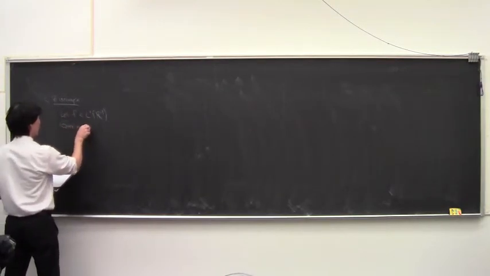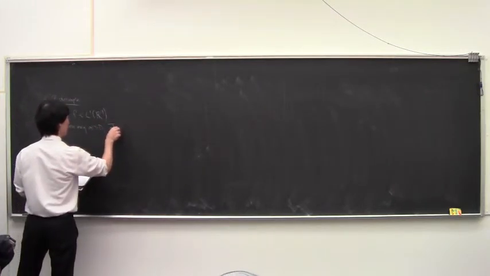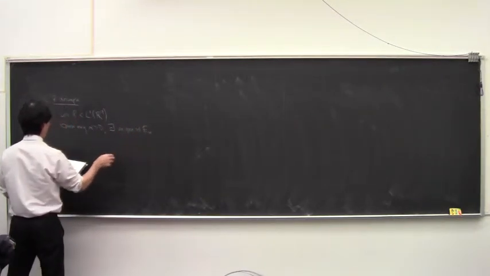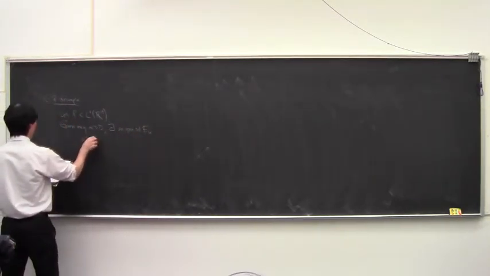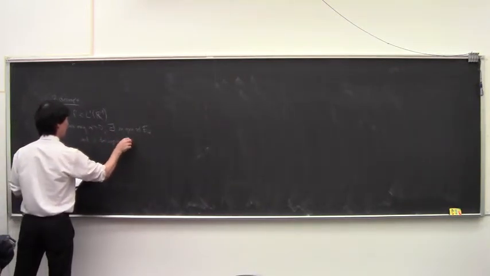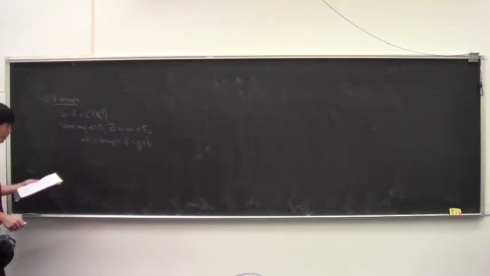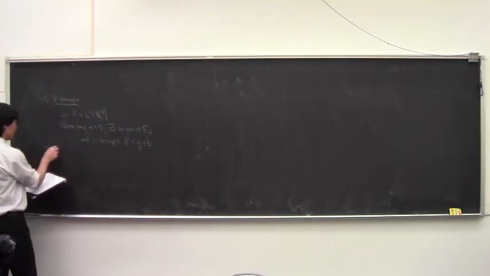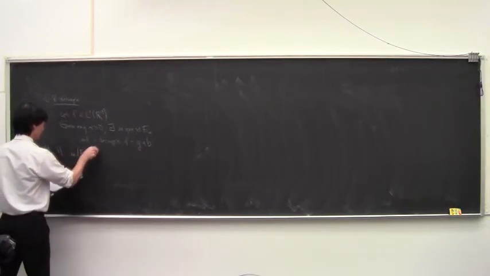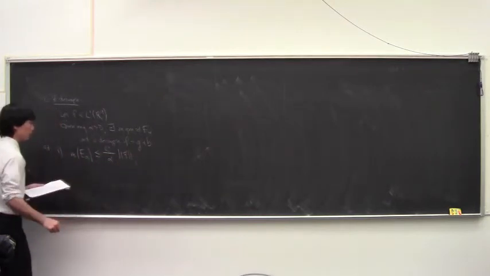Given any alpha greater than 0, there exists an open set E sub alpha and a decomposition f equals g plus b, the good part plus the bad part, such that one, the size of E alpha is controlled by C over alpha times the L1 norm of f.